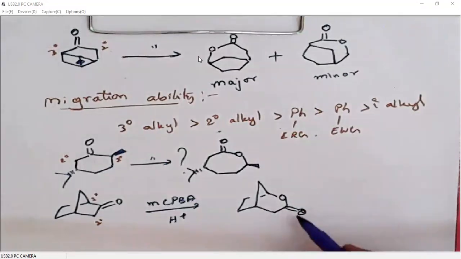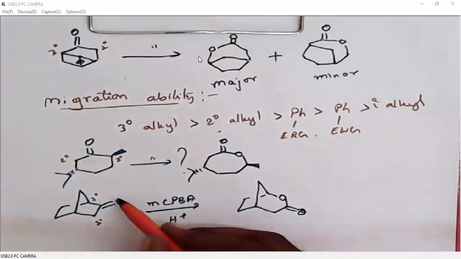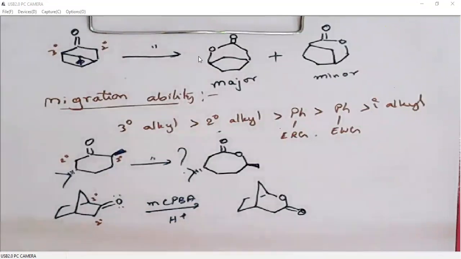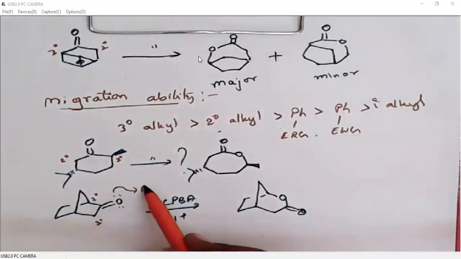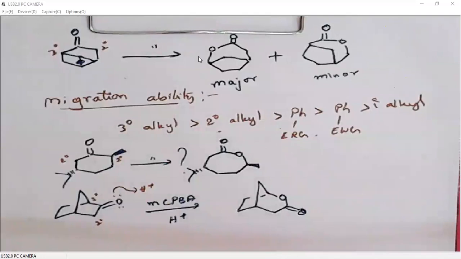When we write the product, what could be the mechanism under acidic conditions? Under acidic conditions, it is exactly opposite to the basic condition reaction. In acidic conditions, first we need to protonate this oxygen, right? So this oxygen will undergo protonation. Under acidic conditions, acid attack is the first step.